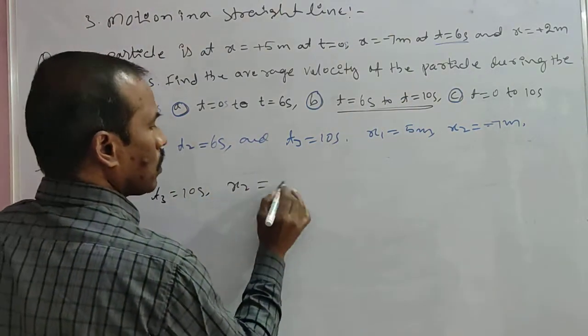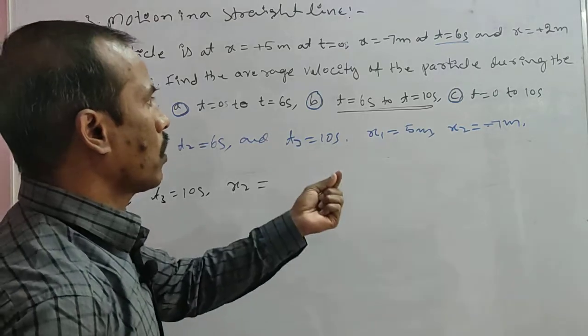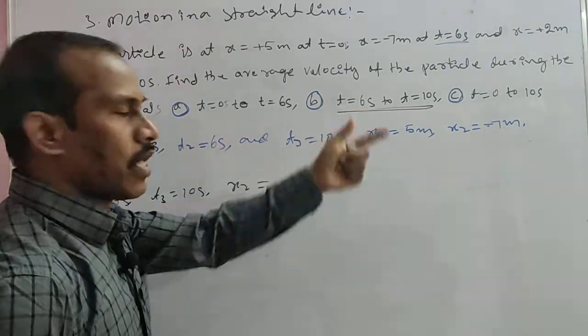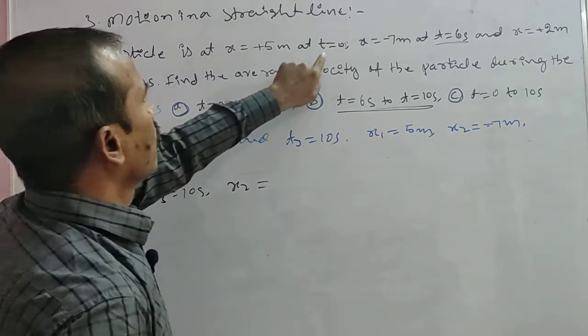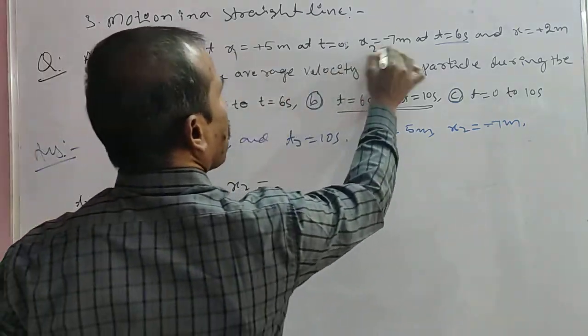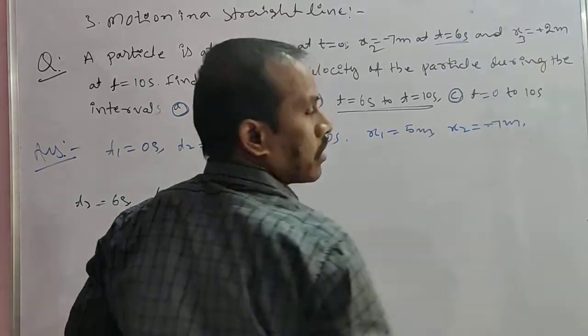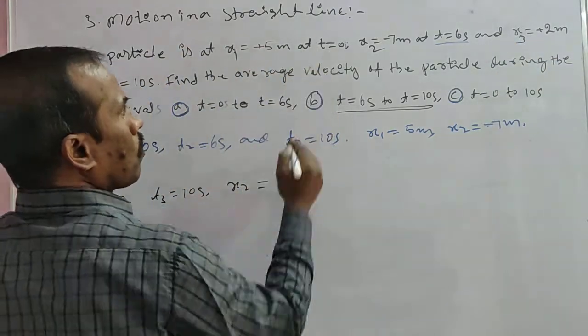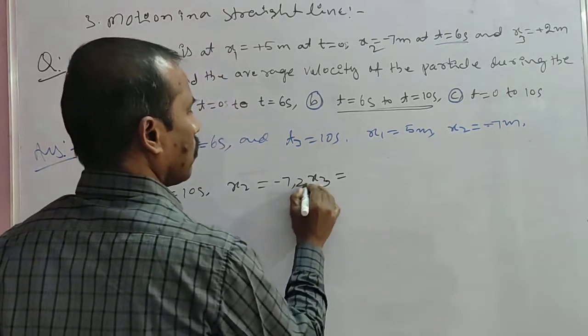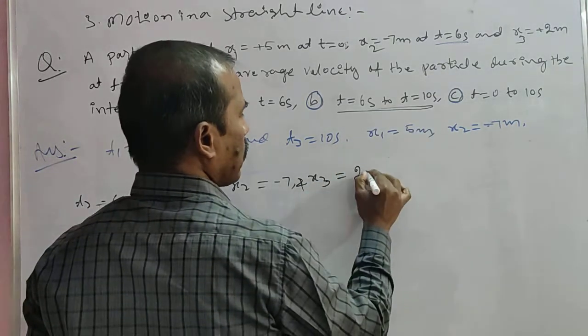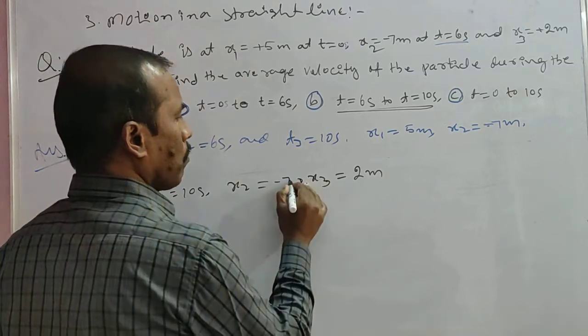Here x2 is the position of the particle at 6 seconds; this is x1, this is x2, this is x3. x2 is equal to minus 7 and x3 is equal to plus 2 meters.